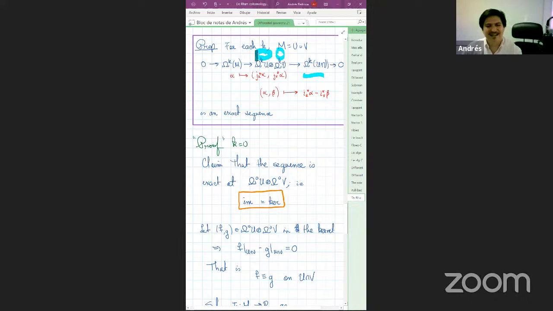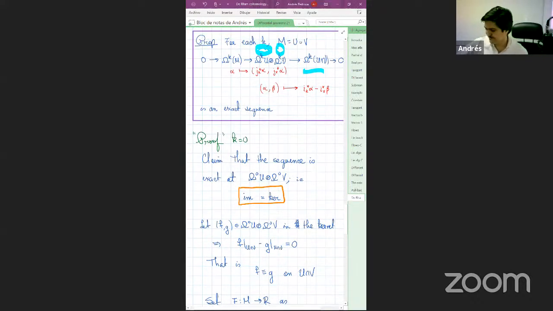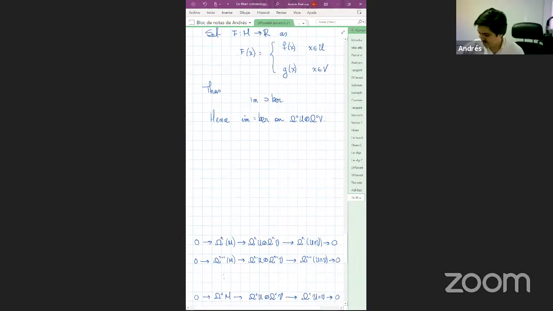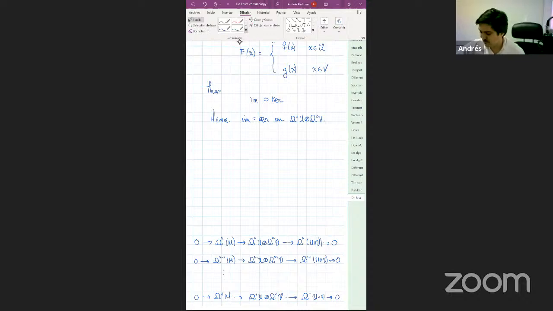Okay? And how do you do that? So you just need to extend the function. You have a function on an open set, and you would like to extend it to a smooth function on U. Okay? So we are not going to go over those details, but let's just comment briefly. What is it that you must do?